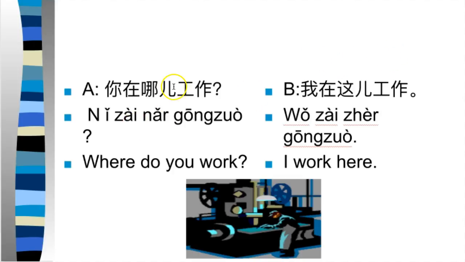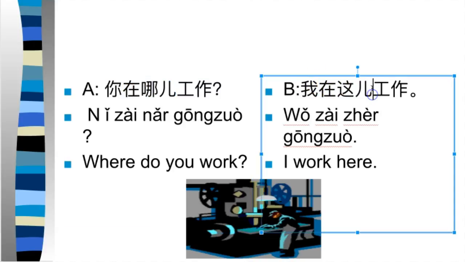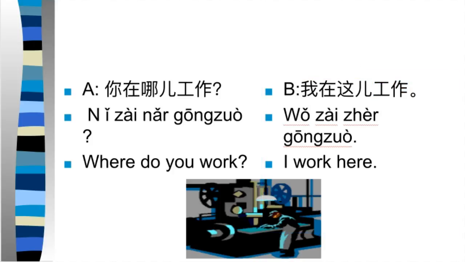And here we see that the verb is to work, right? And then again, the prepositional phrase goes before the verb. 你在哪儿工作? And then the answer also, the verb is still 工作, and the location goes before the verb. 我在这儿工作.